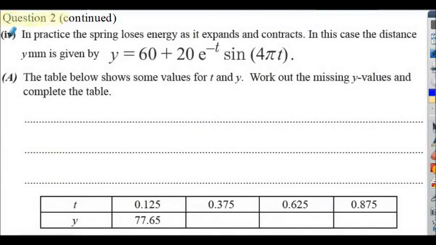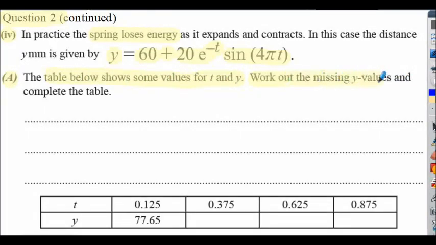Question 2, part 4, subpart A here. We're now given a modified formula that accounts for loss of energy of the spring. So now y is equal to 60 plus the 20, but this time multiplied by e to the negative t, multiplied by sine of 4 pi t. The table below shows some values for t and y.